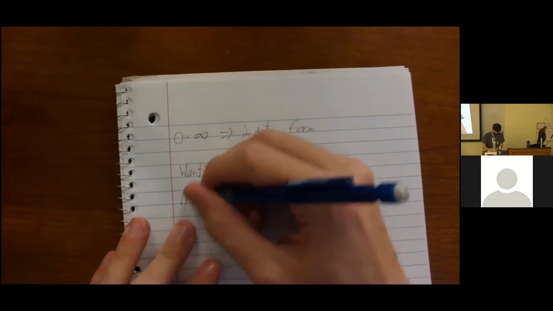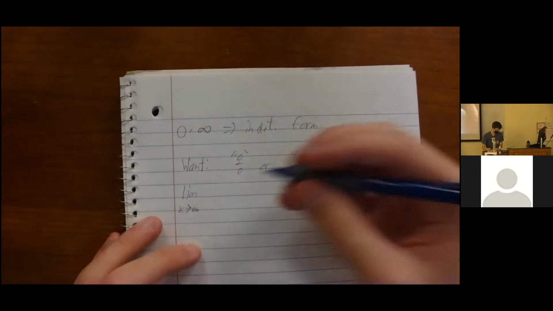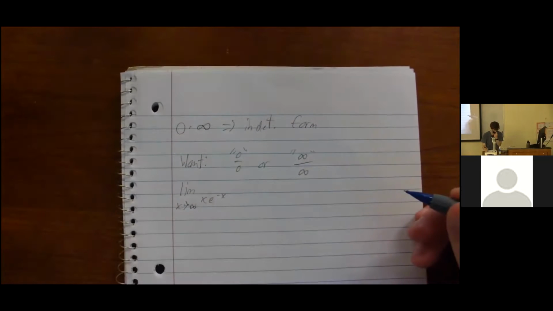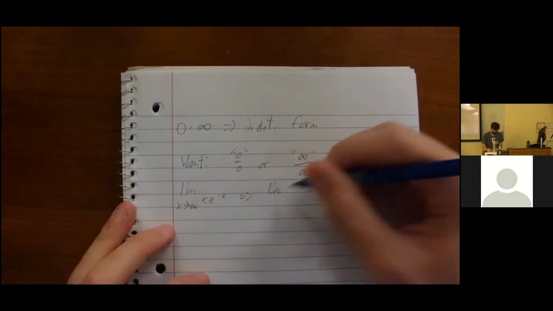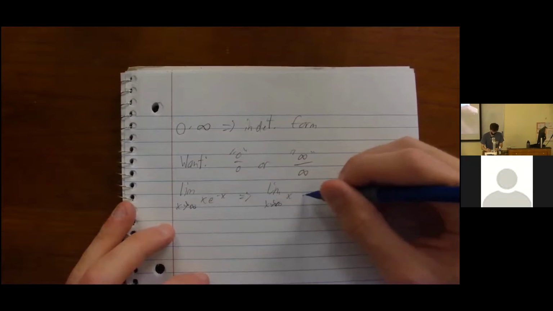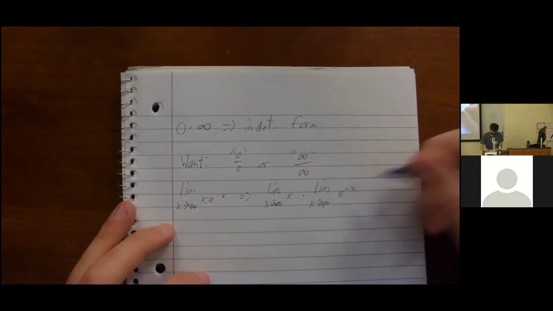So take the limit as x goes to infinity of x e to the negative x. If we just plug this in, we get the limit as x goes to infinity of x times the limit as x goes to infinity of e to the negative x.